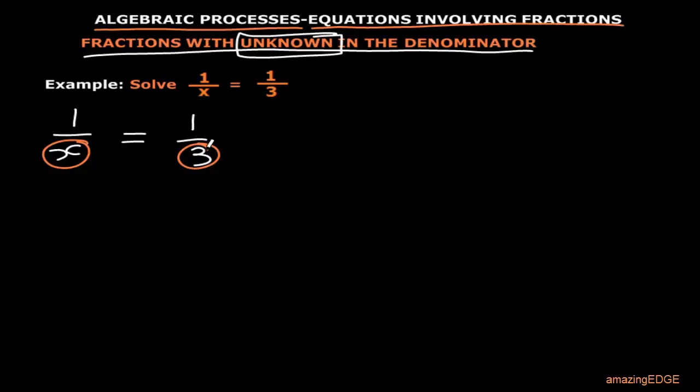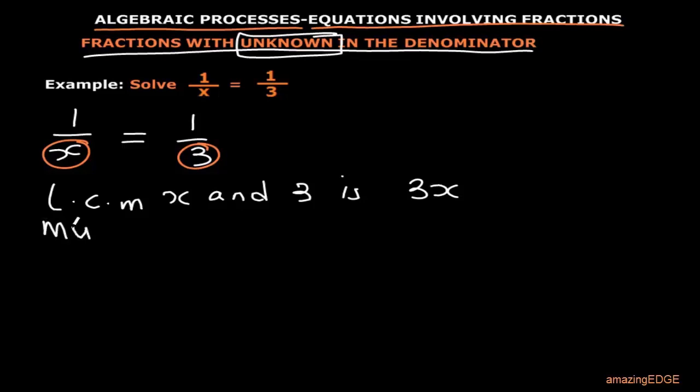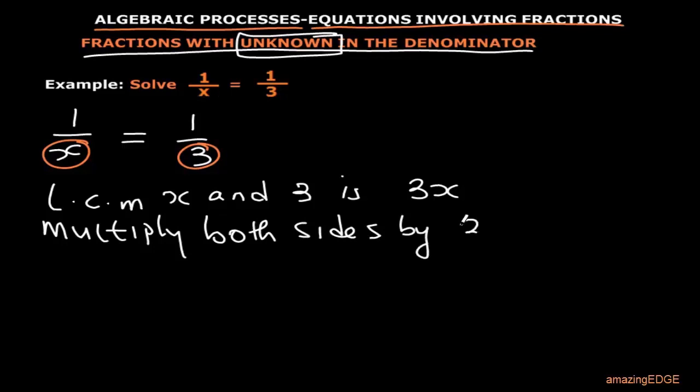So what we need to do is to find the LCM of those two. The LCM of the denominators x and 3, you agree with me, is 3x, that is 3 times x. In order to remove that fraction, you multiply both sides by the LCM, which is 3x.